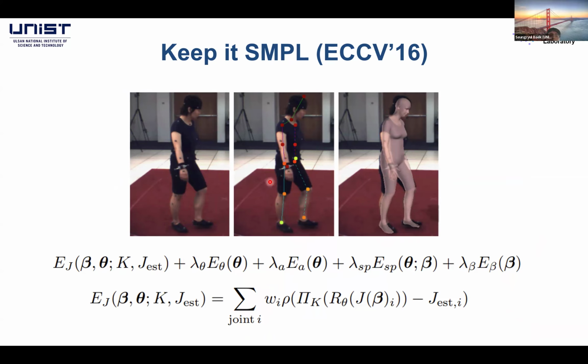So in the year of 2016, there were some deep learning CNN-based approaches that can map this RGB image into this type of 2D floating values, 2D skeletons.